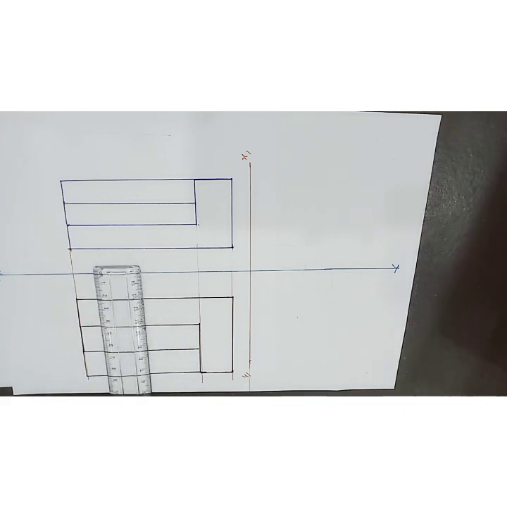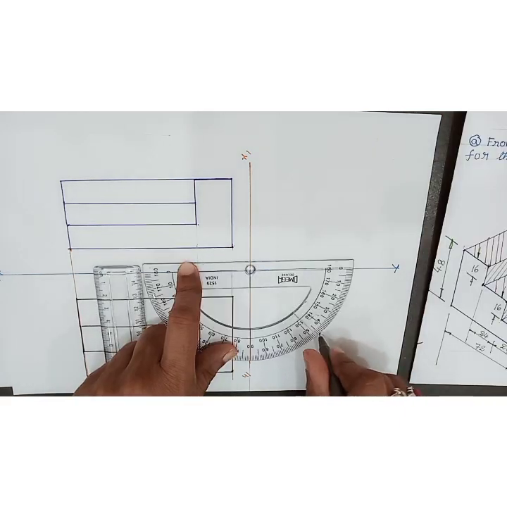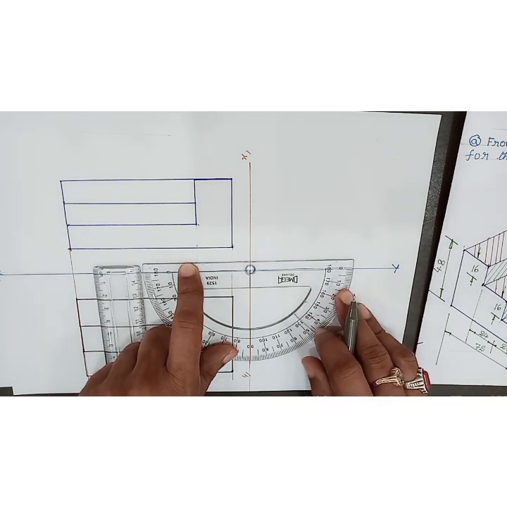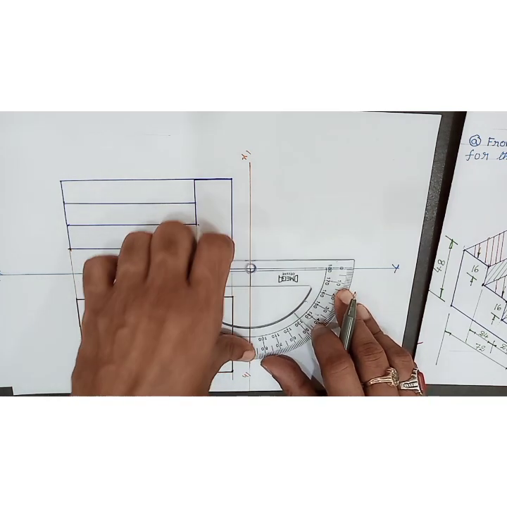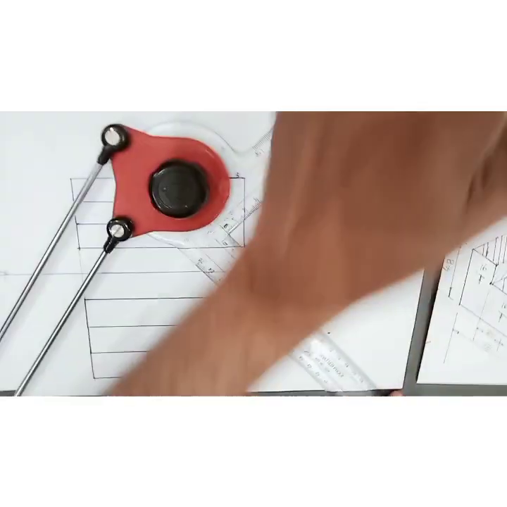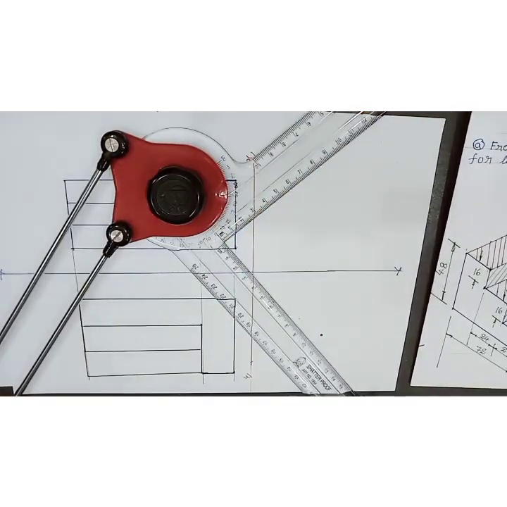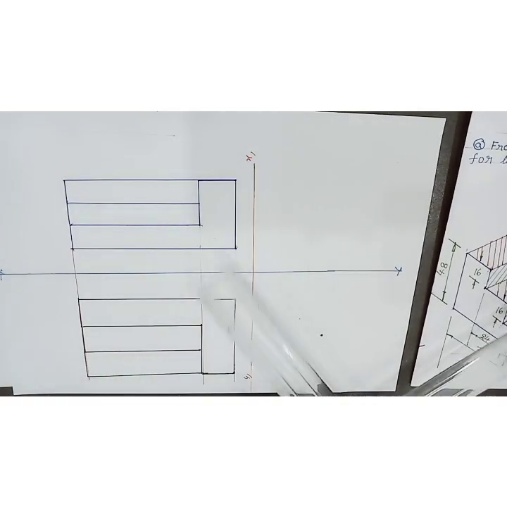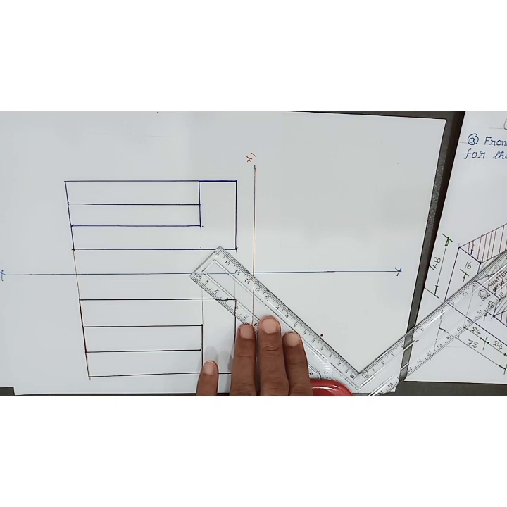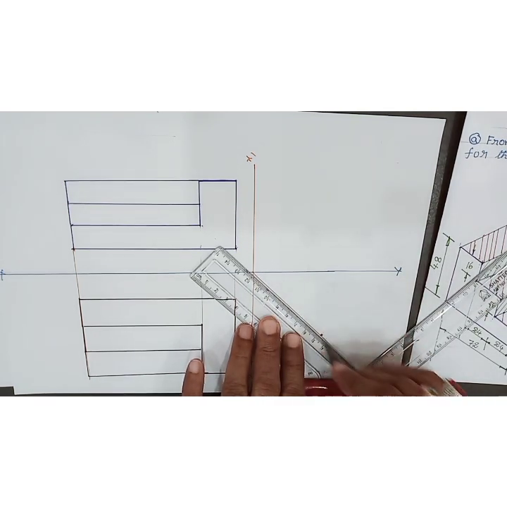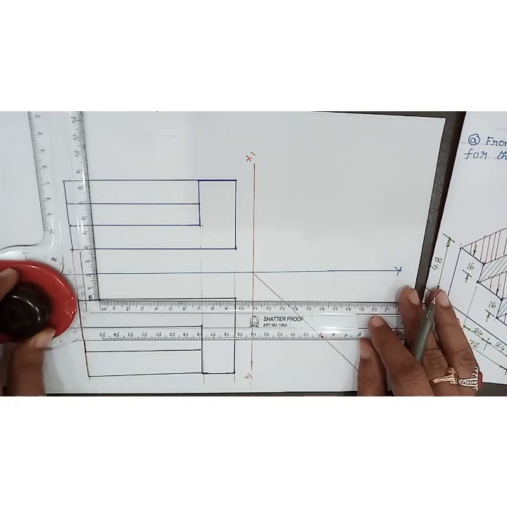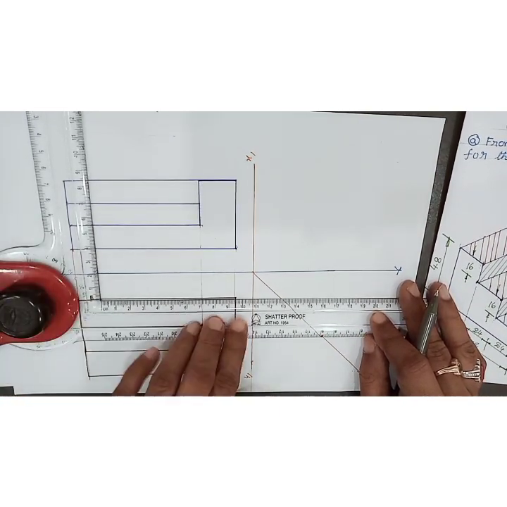After that, draw a 45 degrees line at the intersection point of the xy and x1, y1 lines. After that, draw projectors from the top view to the 45 degrees line.